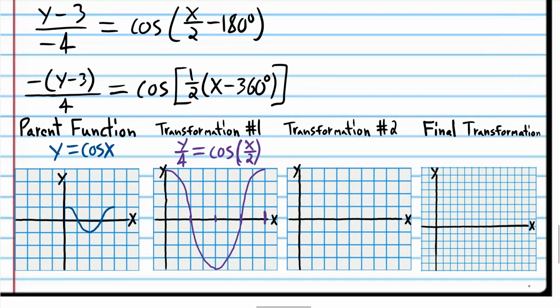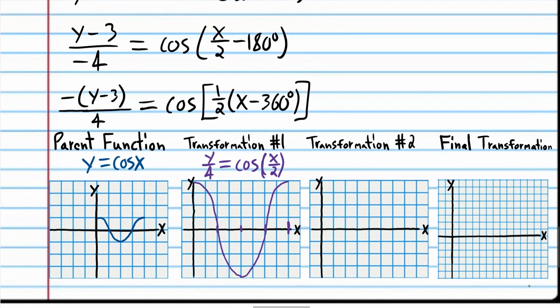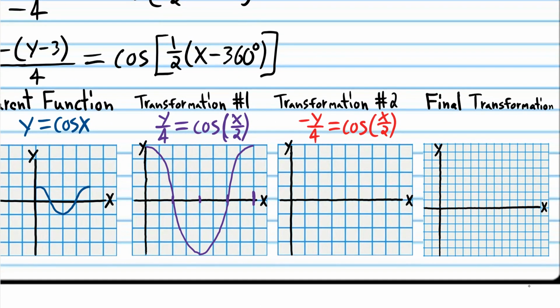So now we're going to reflect. This is the first time that we are going to reflect. I'm going to write a negative on y. So the only difference with this graph is that we're writing a negative on y. So what that's going to do is reflect across the x-axis. Again, remember, it's the exact opposite of what you would think.